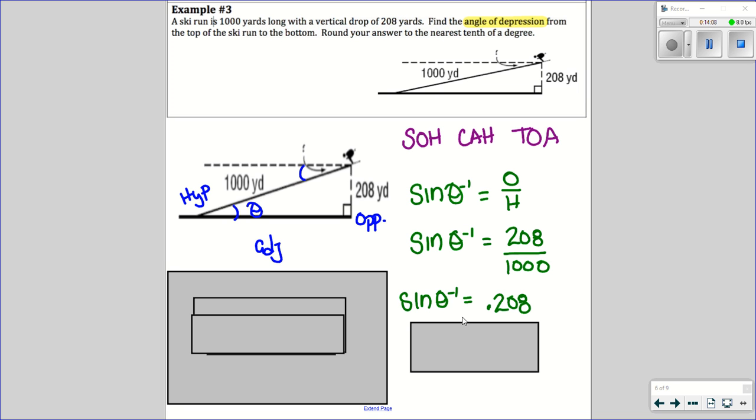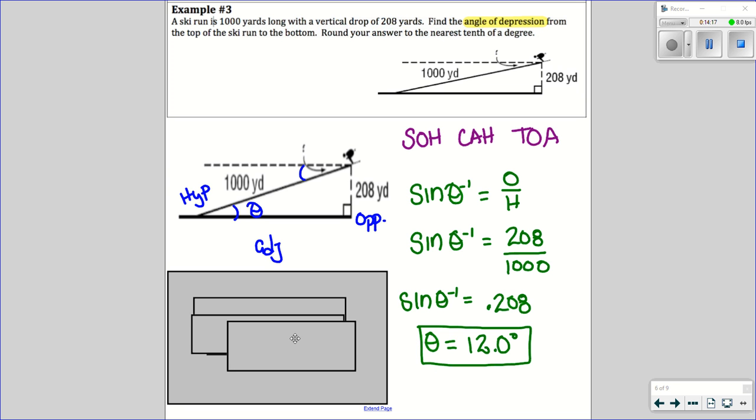And we need to do the inverse, so that means the second function, then sine, and then plug in our number, and we get 12.0 degrees for that angle of depression. So even though it's set up to look like it's looking for the angle of elevation, it's the same as depression. So this guy's angle of depression going down the slope was 12 degrees. It was a 12-degree decline.